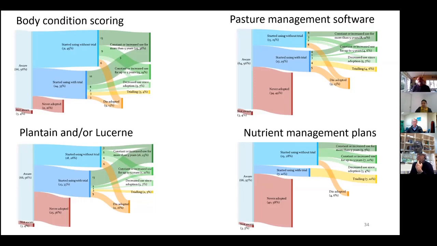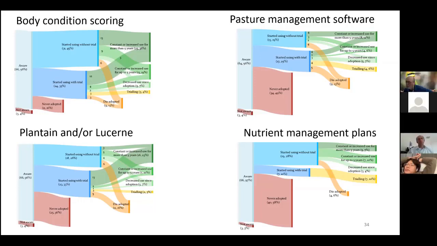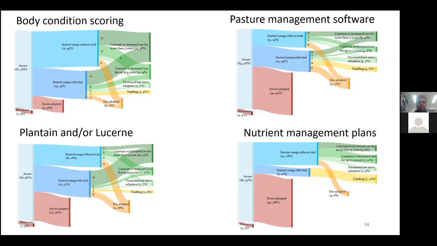And also in the case of disadoption, it's the same as the main example: people who did not use trials seem to disadopt more easily. But again, numbers are small and it's not proven. It does raise questions about how to contrast the differences when you put them side by side.